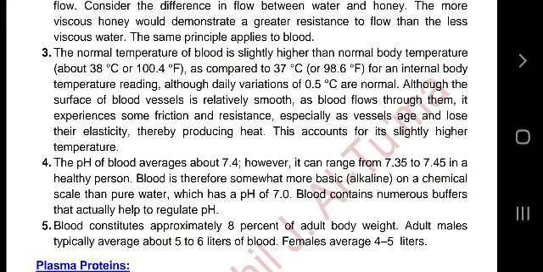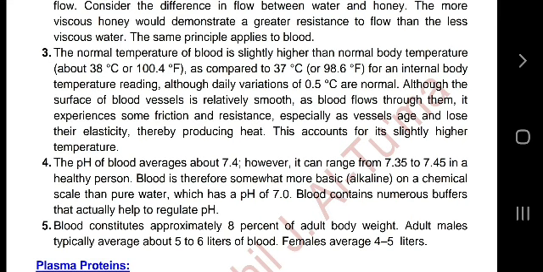Also, blood pH is about 7.4. It can range between 7.35 to 7.45 in healthy individuals. So blood pH is within an alkaline medium, meaning more basic on a chemical scale than pure water.